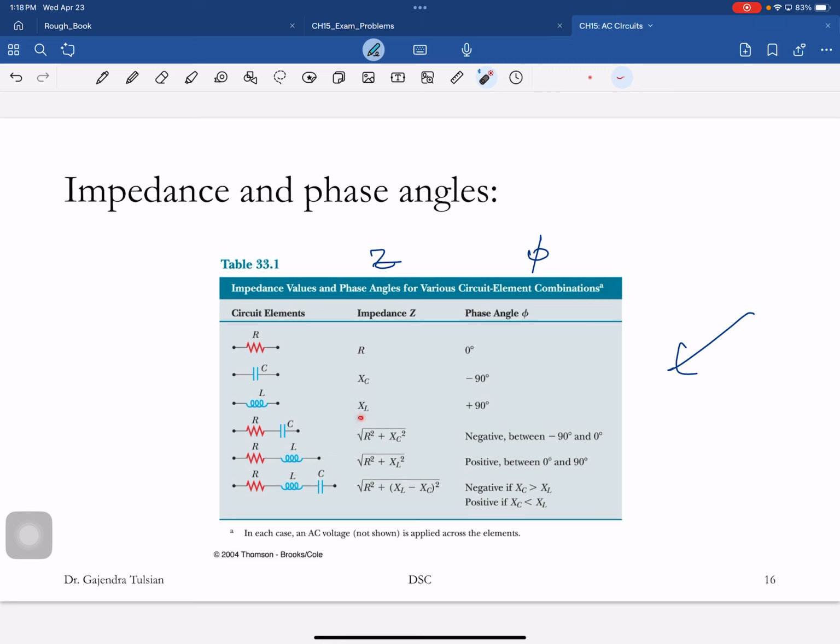For a purely inductive circuit, plus 90 degrees. If you have a combination of a resistor and a capacitor, it'll be somewhere between 0 and minus 90. If you have a combination of a resistor and an inductor, it'll be between 0 and 90. For these three in series, if XL is greater, then it'll be between 0 and 90, and if XC is greater, then it'll be negative, and so on.